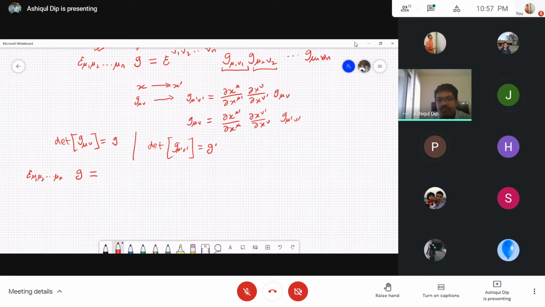I'm trying to connect it with the metric tensor in new coordinates. On the right hand side, I should have E nu1 nu2 up to nu n. But instead of G mu1 nu1, I want to write in terms of the newer coordinates, G prime. What should I substitute then?